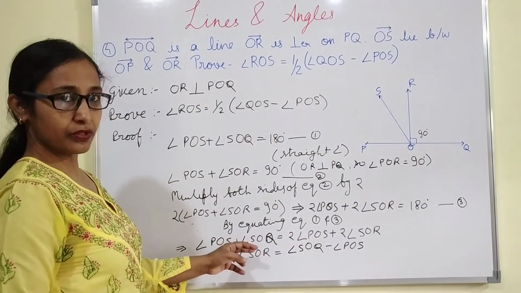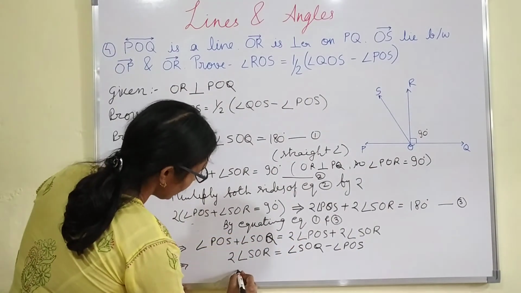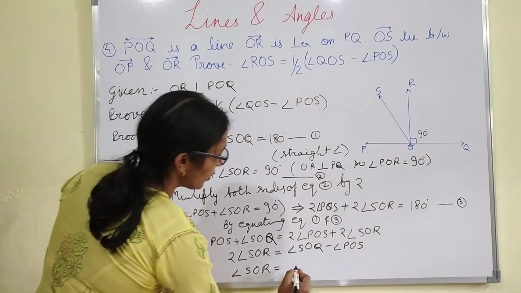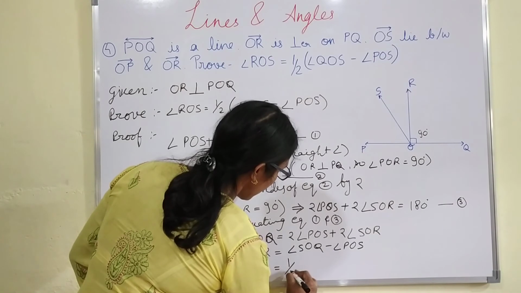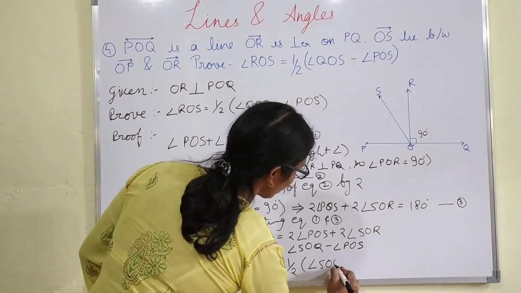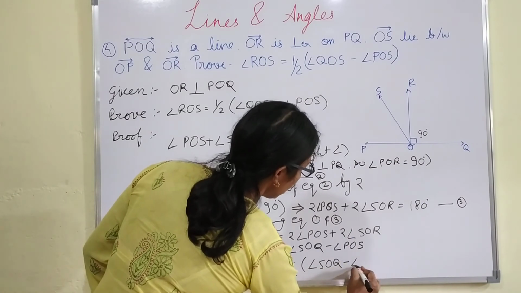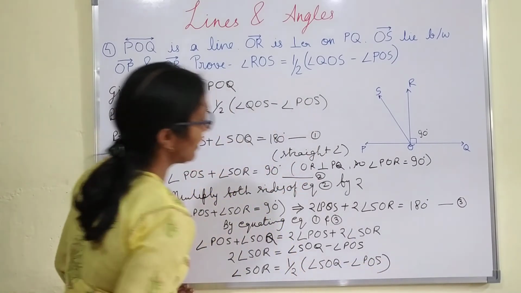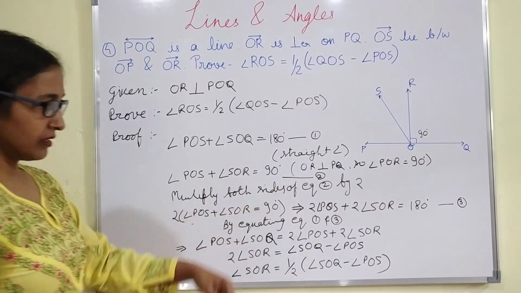It will transpose here. So angle SOR equals half of angle SOQ minus angle POS. Hence it is proved.